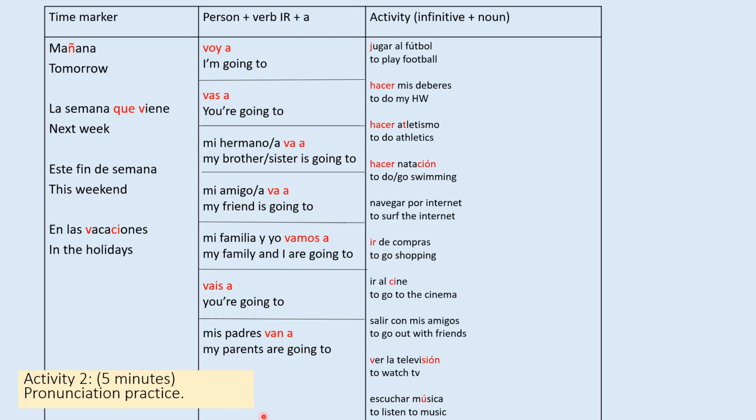And we'll just have another quick look at the activities. So we did do all of these last lesson, so we'll go quickly through these again, remembering to pay particular attention to those foreign sounds in red. So repeat after me, please. Jugar al fútbol. Hacer mis deberes. Hacer atletismo. Hacer natación.